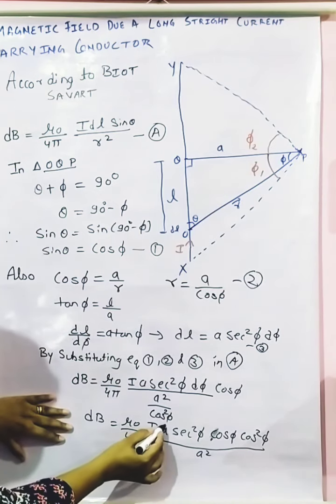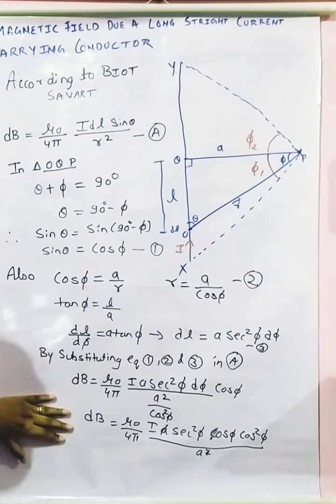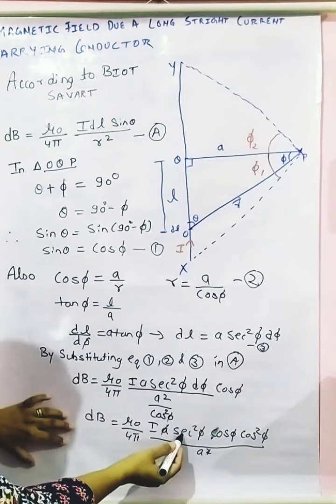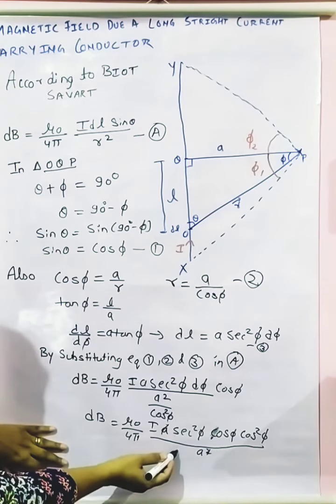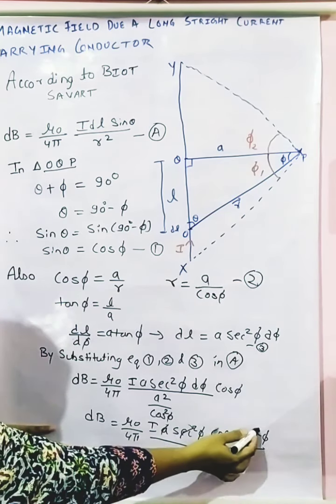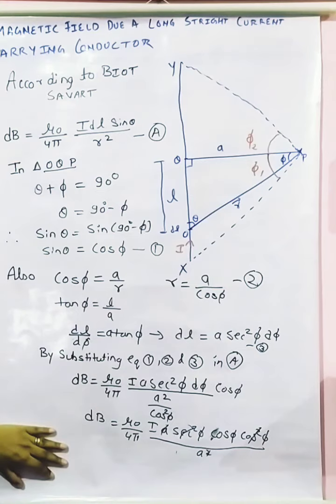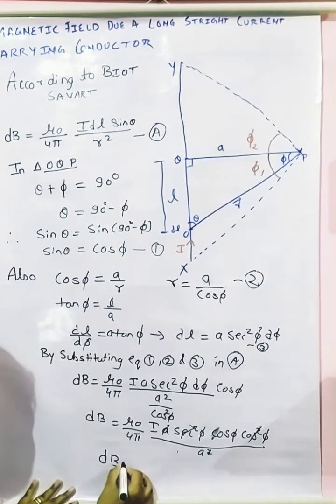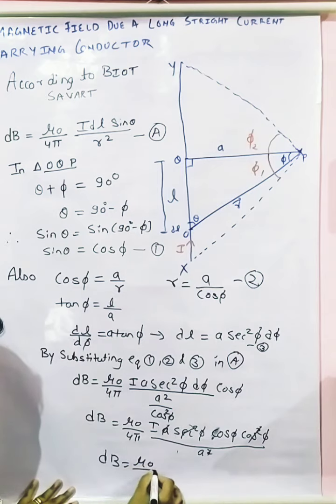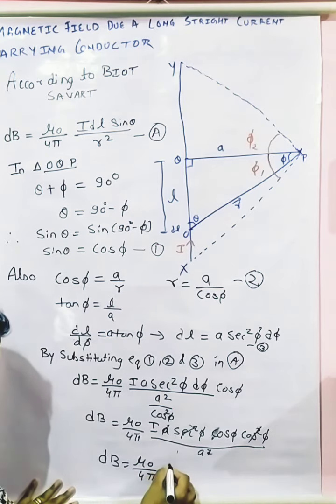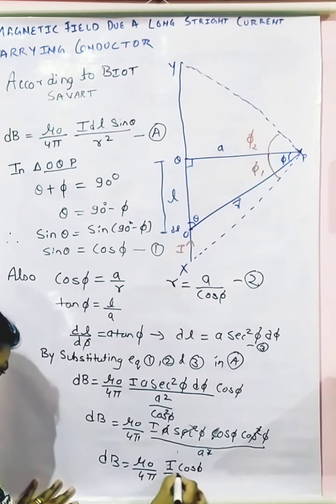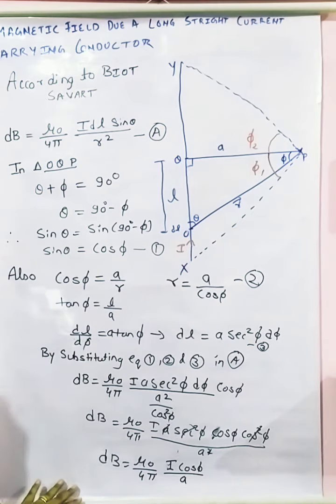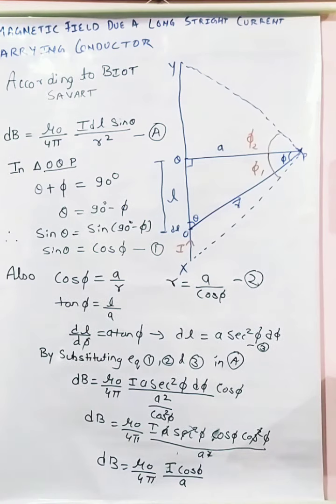If you see, this A and this square get cancelled. Sec square means 1 upon cos square, so this sec square and this cos square are also cancelled. What am I left with? I am left with dB is equal to mu naught upon 4 pi, that is I cos phi whole upon A.